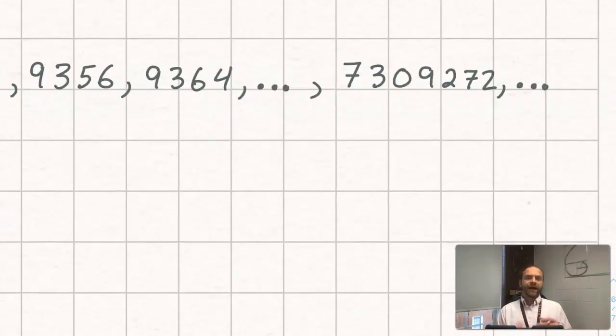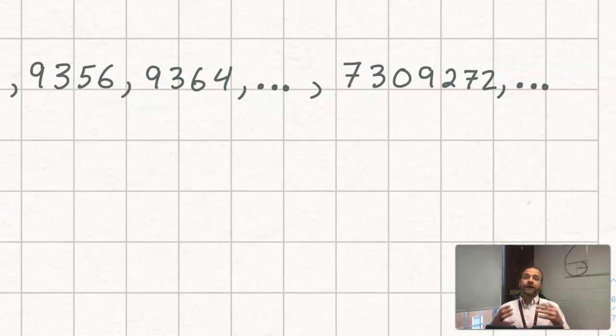So what about, I have here 7,309,272. How do I know if that's divisible by 8? Well, it's even. That takes care of that criteria. Now let's look at the last 2 digits, 72. So 72 is divisible by 4. So let's use the vocab. That means 2 is a factor of 7,309,272. 4 is a factor of 7,309,272.